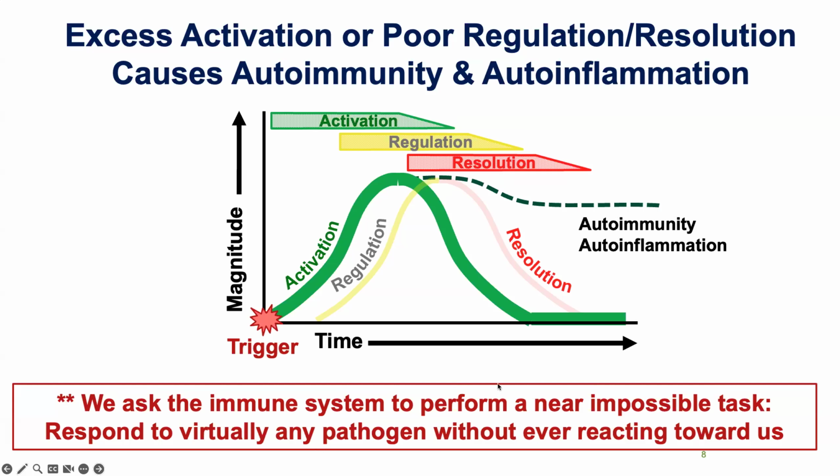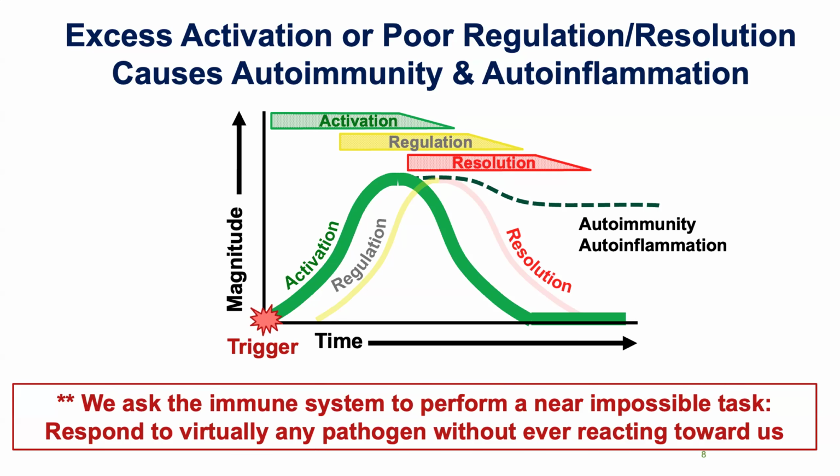And I think it's fun to think about the fact that we ask the immune system to do this kind of impossible job, which is that we have asked it to respond to any possible pathogen, anything that we could encounter out in the environment. The problem is that we also tell it, you need to respond to anything and everything.